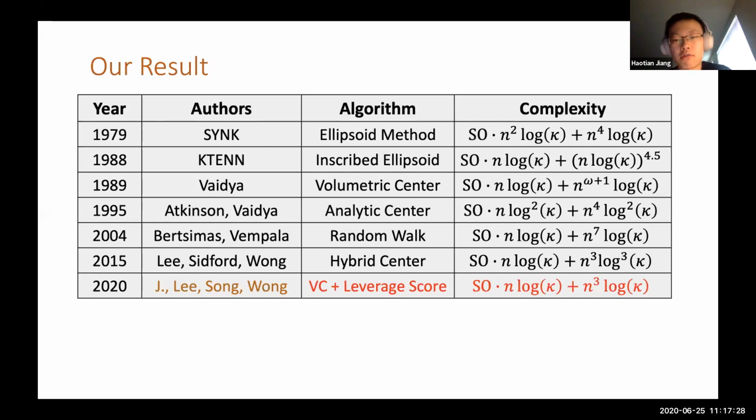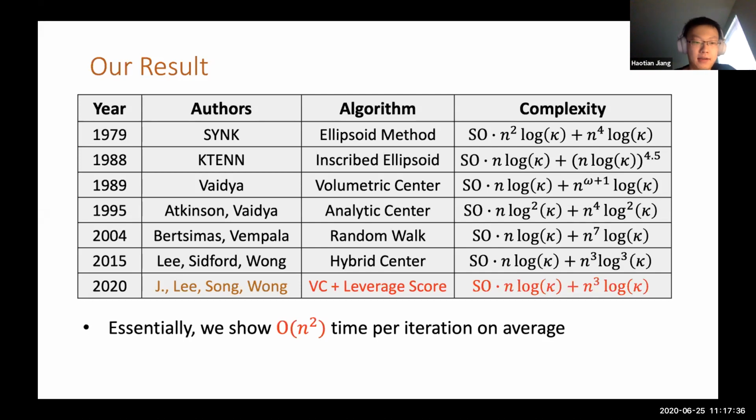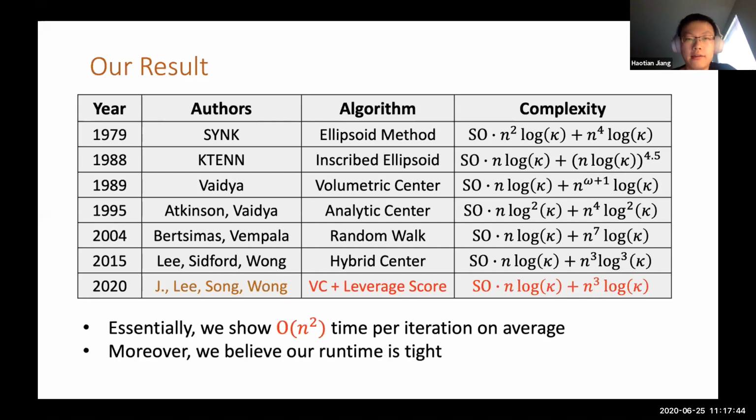Our algorithm achieves the optimal oracle complexity of n log kappa, and the extra runtime is n^3 log kappa. Essentially, our algorithm runs in n^2 time per iteration on average, and we believe this n^2 time cannot be improved. I'd like to remark that there's no extra log in this n^2 time per iteration.